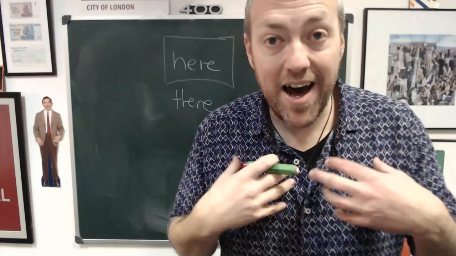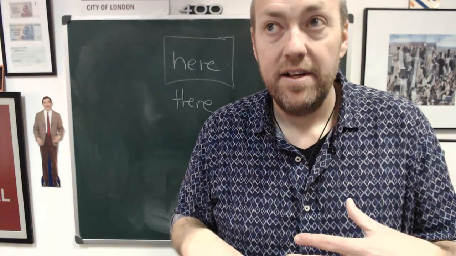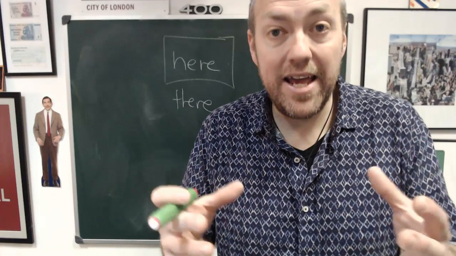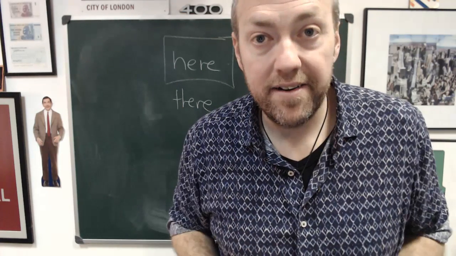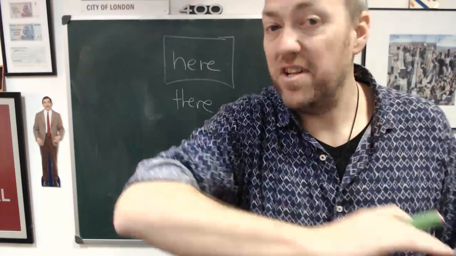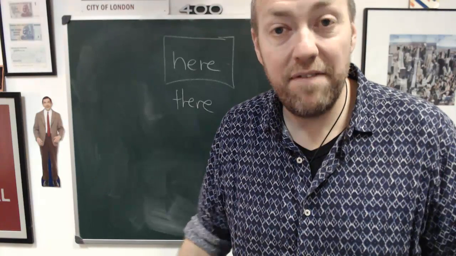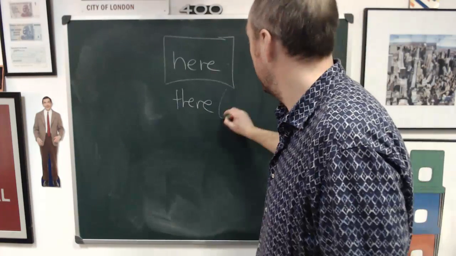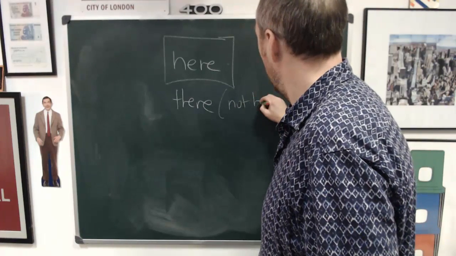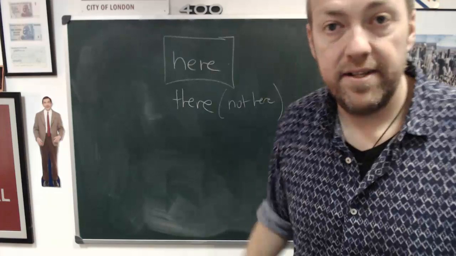Here is where I am. Okay, I am here. It is a place where you are. Okay? And there is every other place. Okay? It's everything that is not here. Here and not here, or here and there.